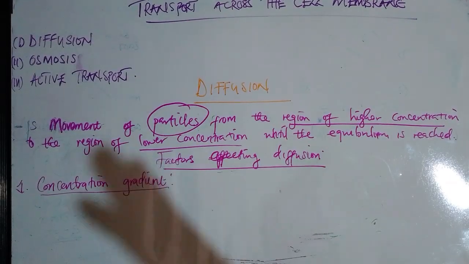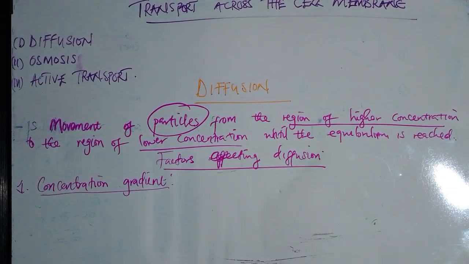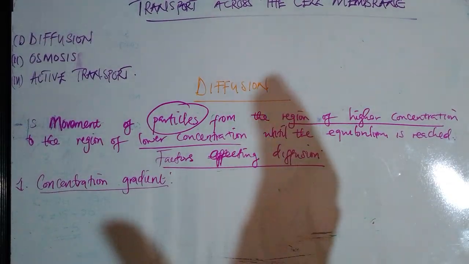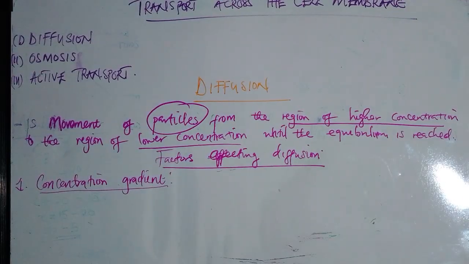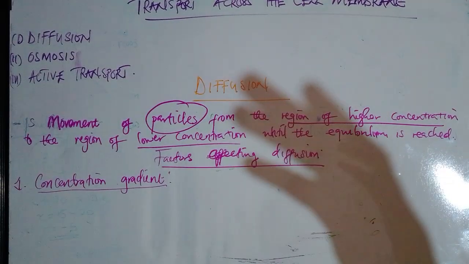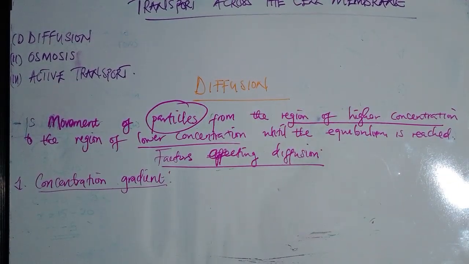Let's say for example, you have entered the room, meaning that room has zero concentration of the perfume you are wearing, while you yourself have more than 50. Let's say you have sprayed a lot of perfume. So the concentration gradient between your body and the room is what? High.